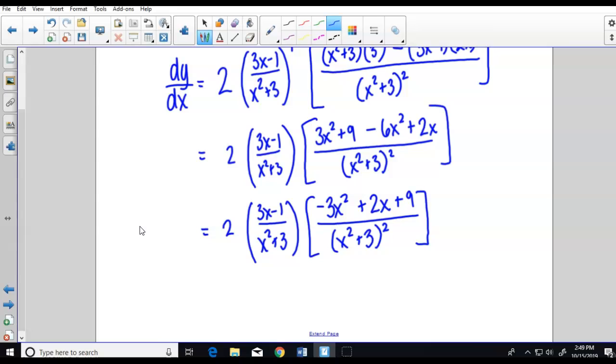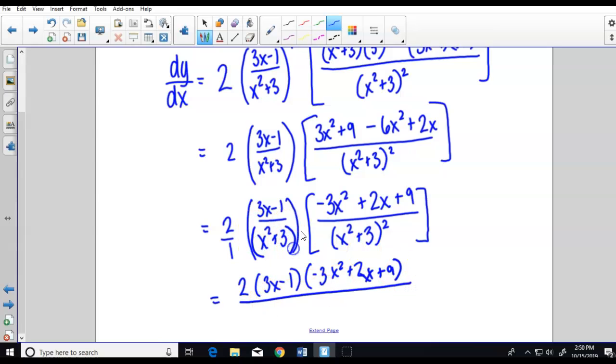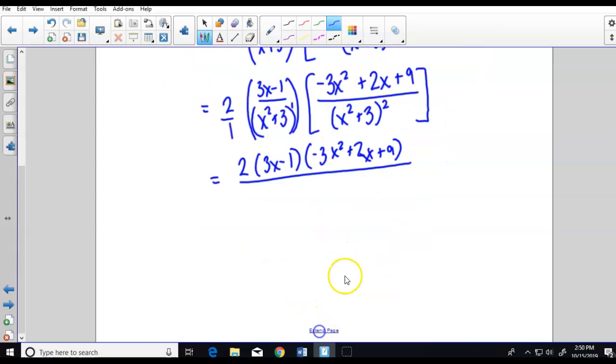All right, so really now you could multiply, like this is 2 over 1, you could multiply all the numerators together and the denominators. I would probably leave it in factored form. I think you're more likely to see it that way where you don't actually multiply it out. And then you'll multiply the denominators together. Those you can combine because they're equal to each other. So you would have over x squared plus 3 to the 3rd power.